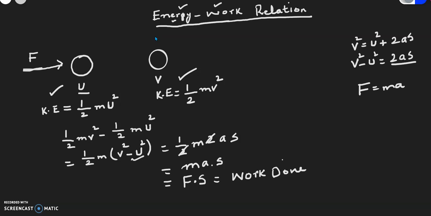So what is the final conclusion? We started from here, and this is the change in the kinetic energy, or increase in the kinetic energy. And ultimately we have arrived at work done.